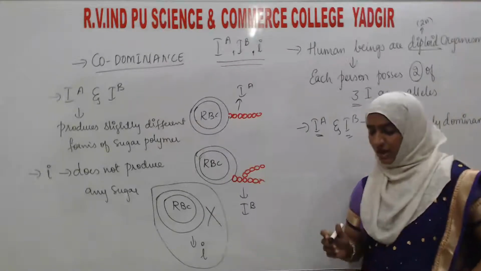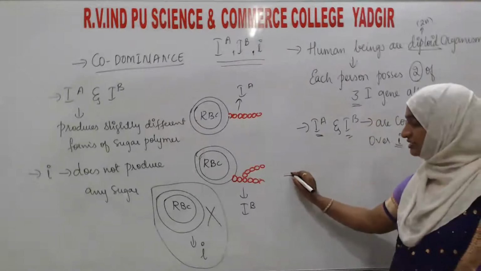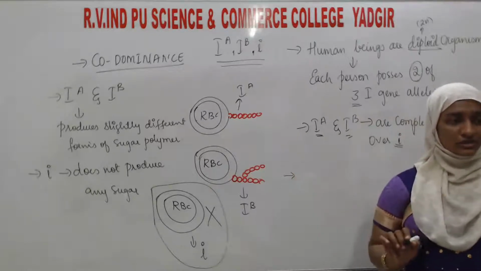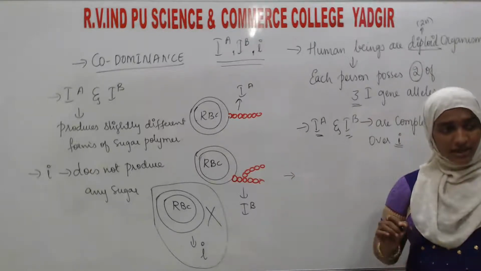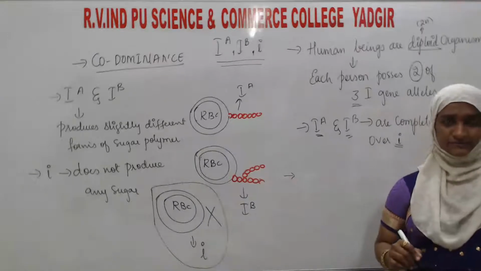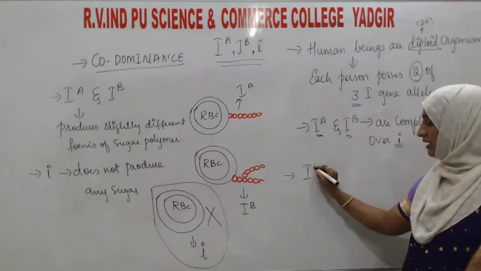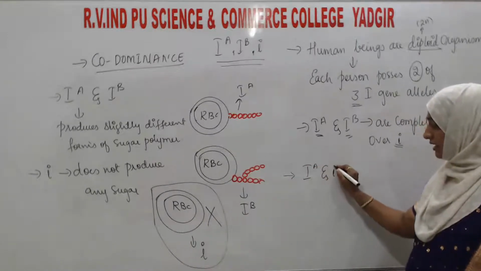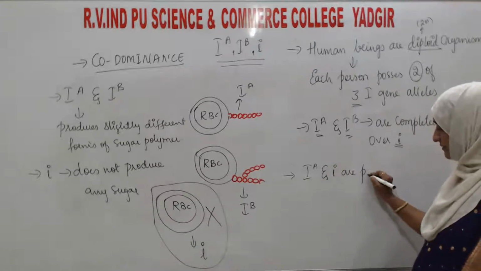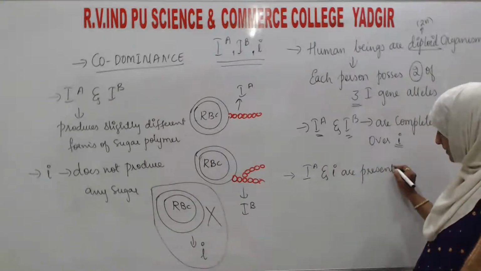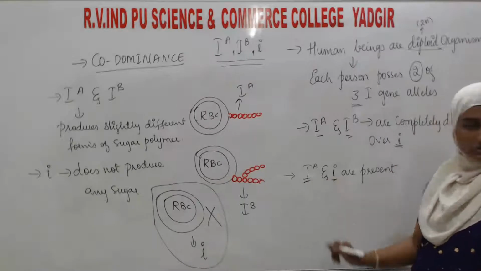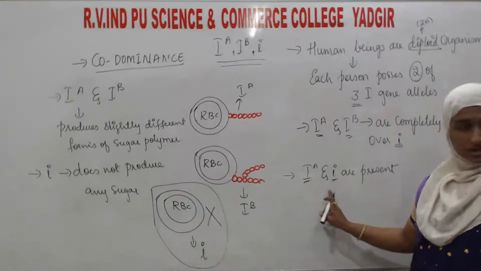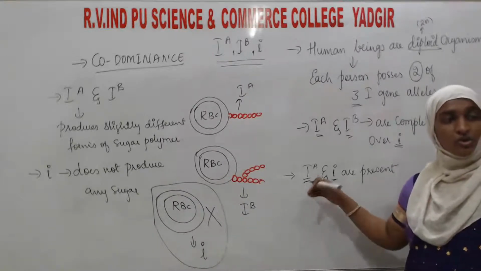Next thing, here two conditions are there. What are the two conditions? If IA and small i are present, these are the two genes, IA and small i. In this condition, who is dominant?